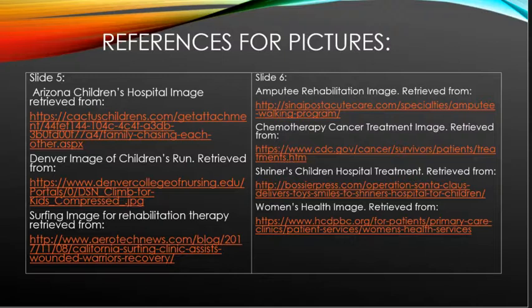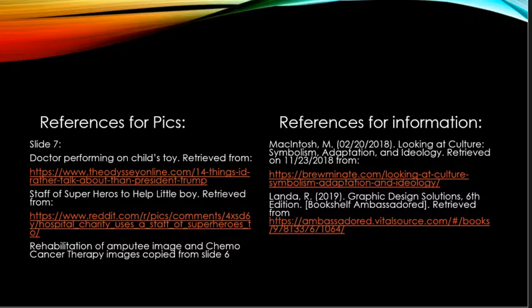Slide 6, amputee rehabilitation image, chemotherapy cancer treatment image retrieved from these different sites. Shriners children's hospital treatment, women's health image retrieved from the link below. Then you got the last slide of references for pics, doctor performing on child's toy retrieved from the link below.